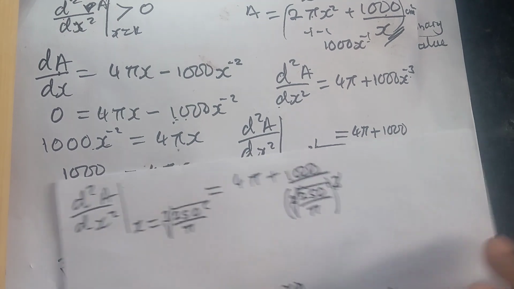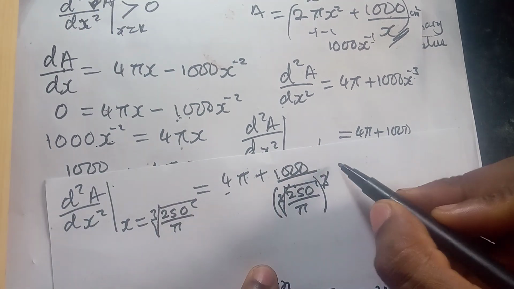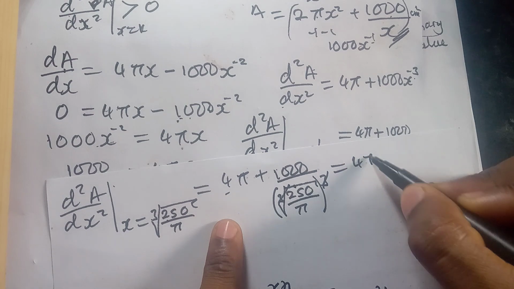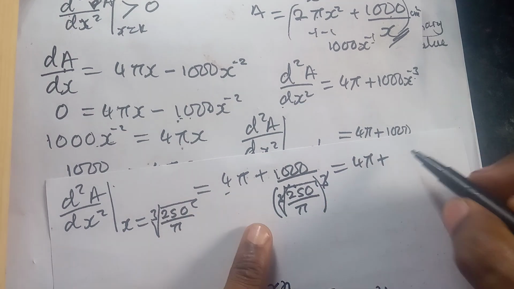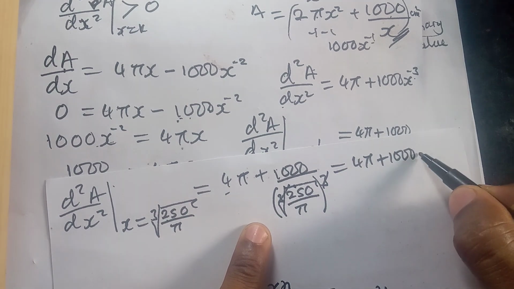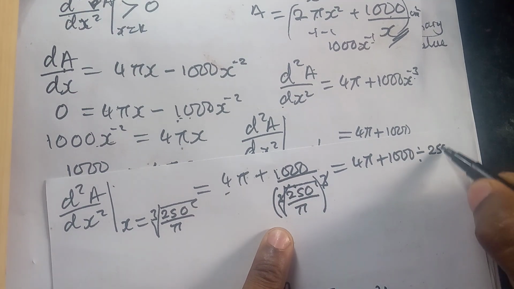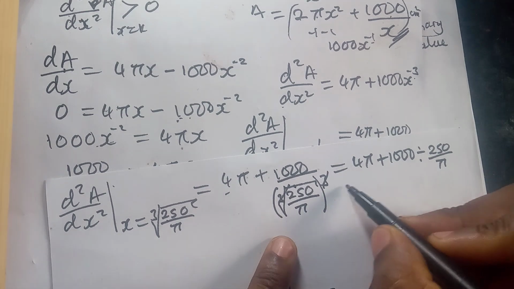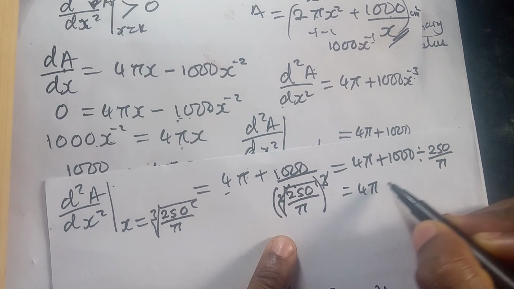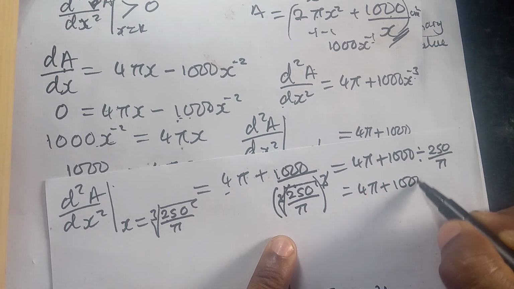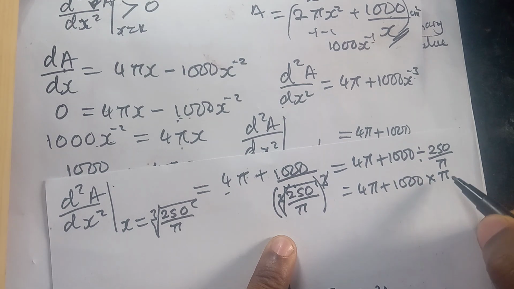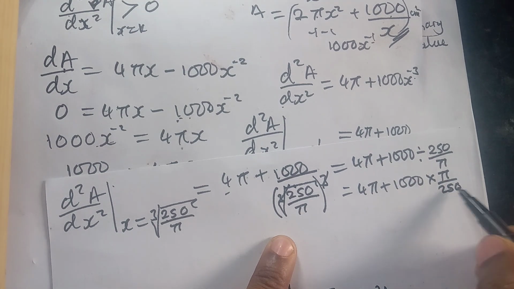Before we go any further, you can even see that this is a positive number, because there is no way you can get any negative from here. So this is like 1000 divided by 250 over pi, and then this would be 4 pi plus 1000 multiplied by pi over 250.